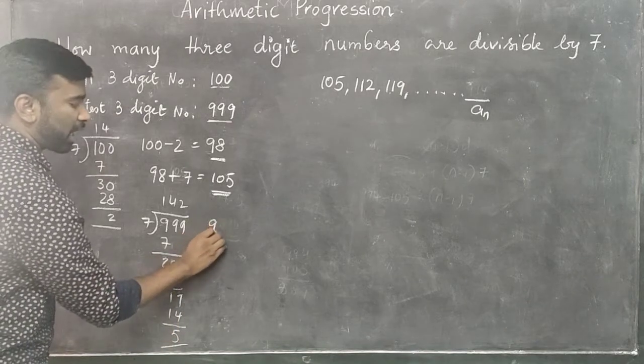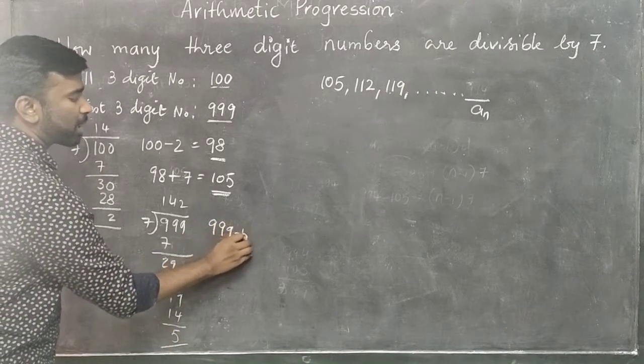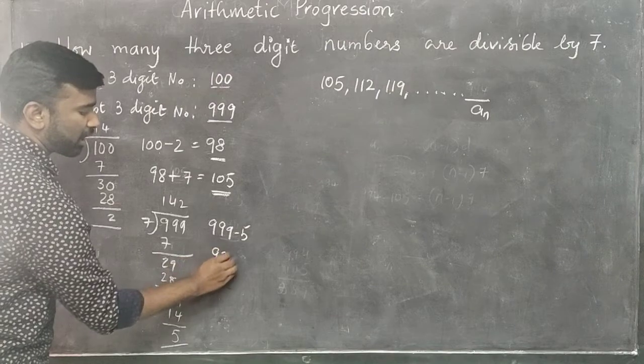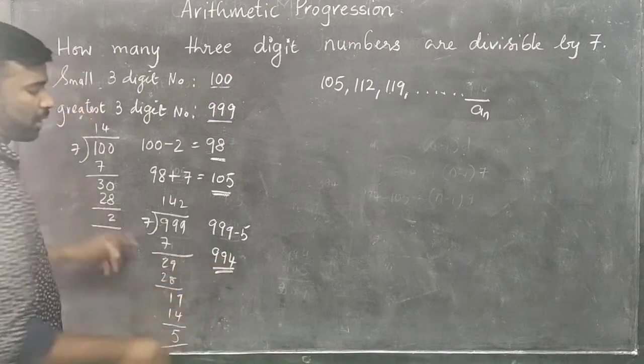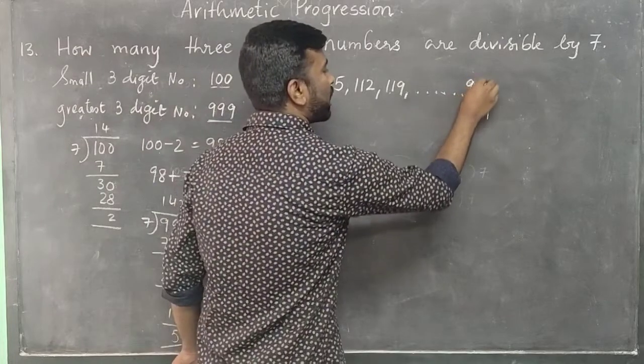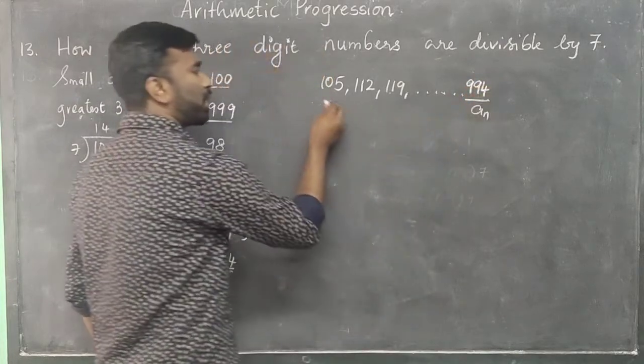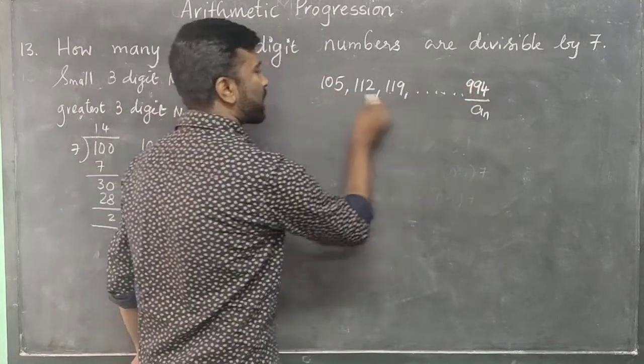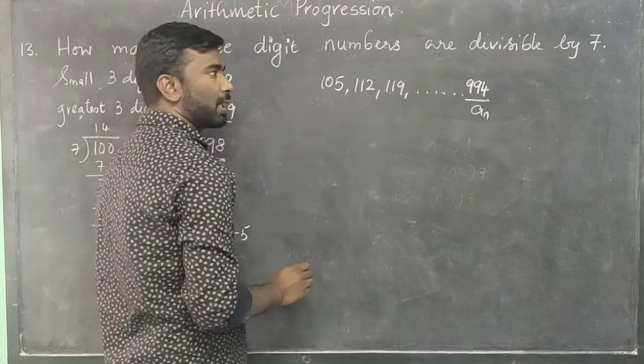Now subtract 999 minus 5, we get 994. Therefore, the last term of this list of numbers is 994. If you check, all these numbers are 3-digit numbers.